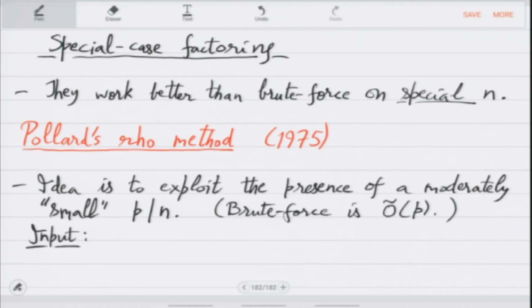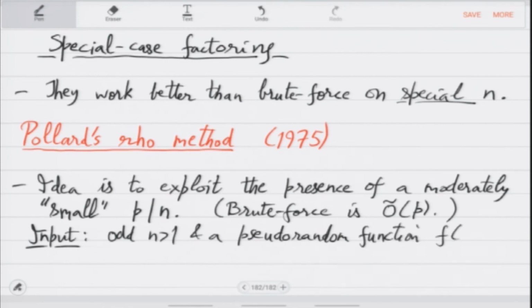Input is odd n and a pseudorandom function f. Actually you can even take f to be x squared plus 1 mod n.